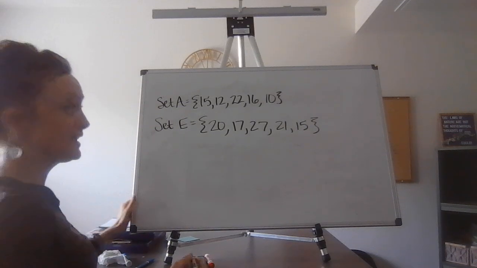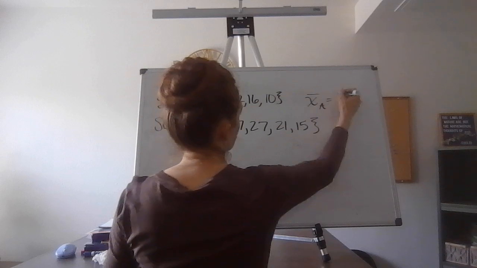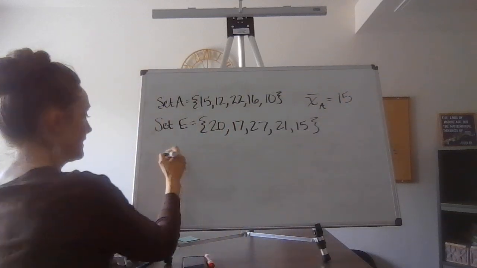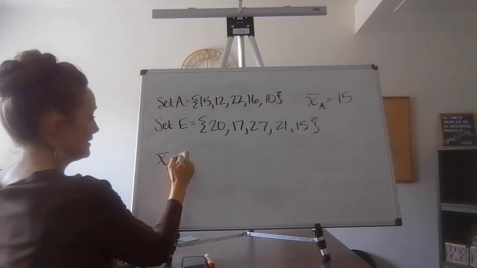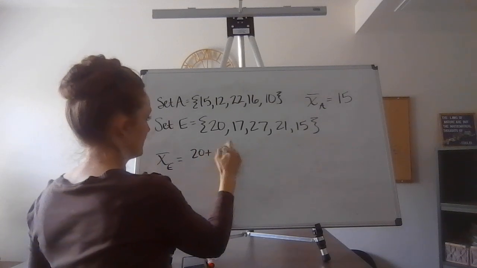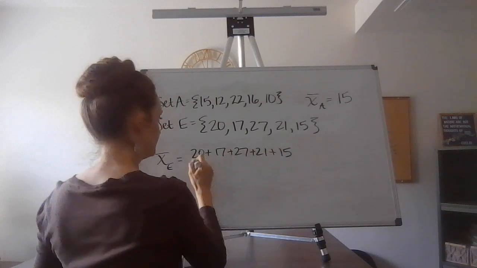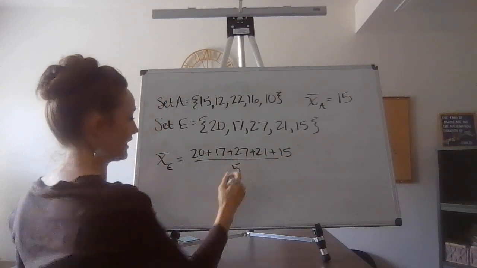Now to get the mean, remember x bar for A is still 15. For E, we calculate the mean: 20 plus 17 plus 27 plus 21 plus 15, all over 5 still.